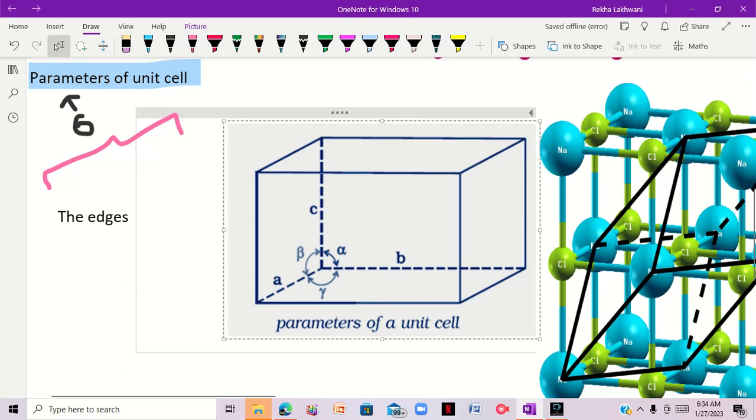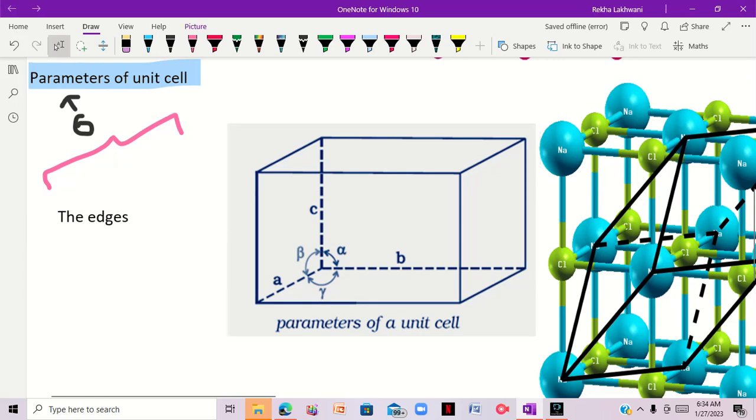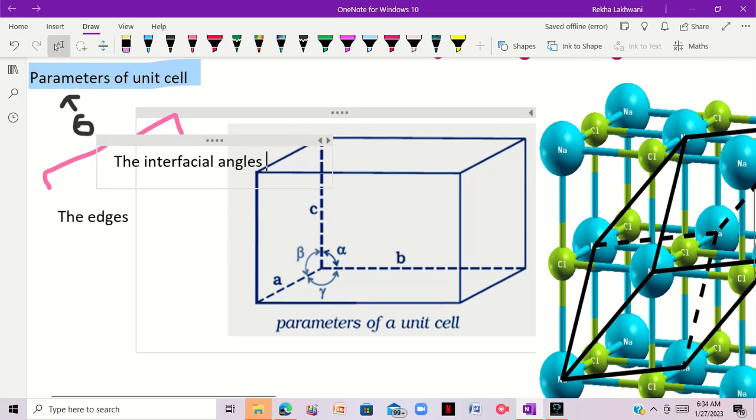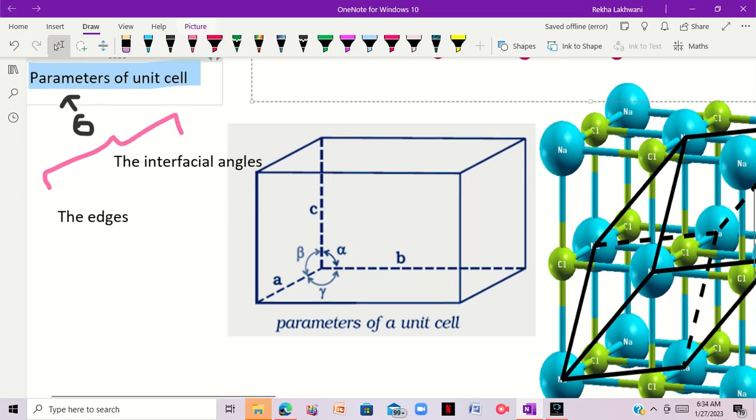Number first is the edges, and number second is the interfacial angles. So first is the edges and second is the interfacial angles.